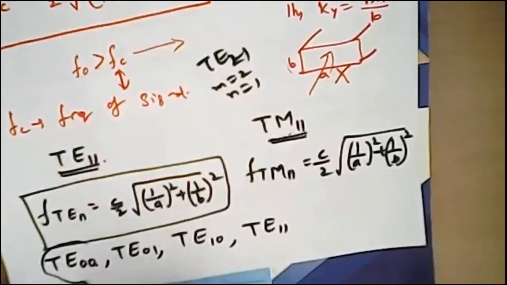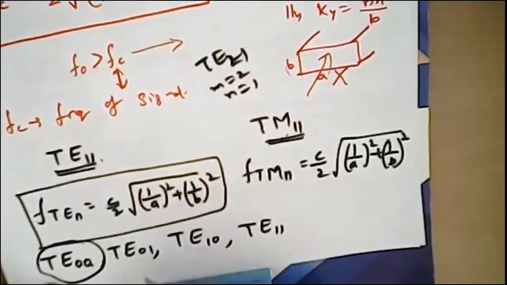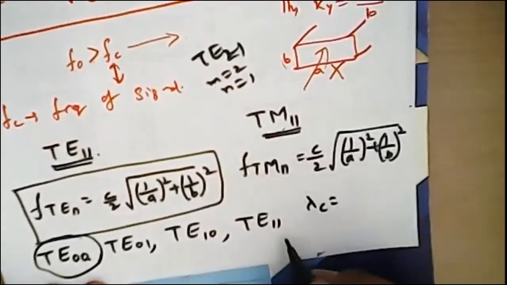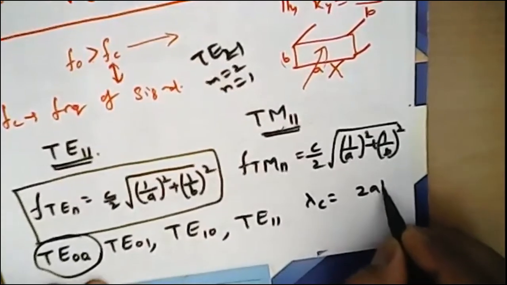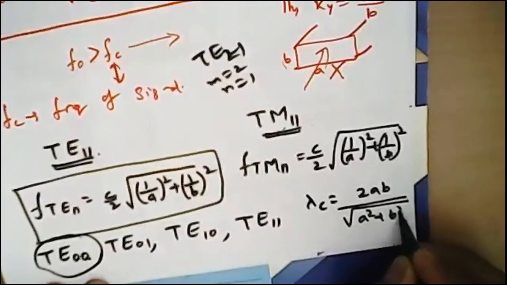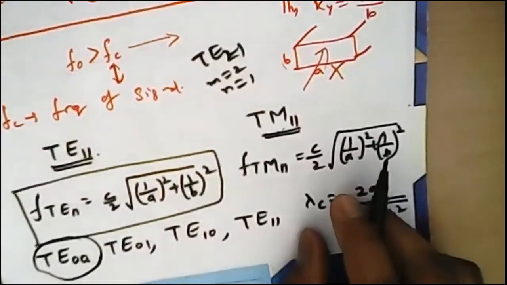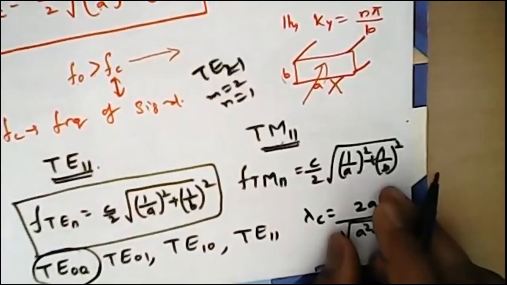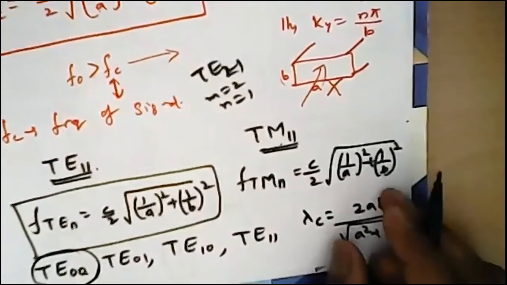This mode will not exist. Apart from that, we also have the wavelength expression, which is exactly the reverse: lambda c is equal to 2ab by root of a square plus b square.